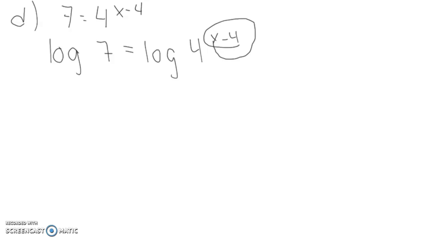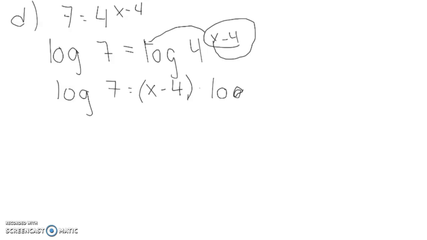So then you have log of 7 equals x minus 4. I always try to put that in parentheses because you need to remember that the whole exponent is coming out to the front and it's all being multiplied by everything else left over in that log.